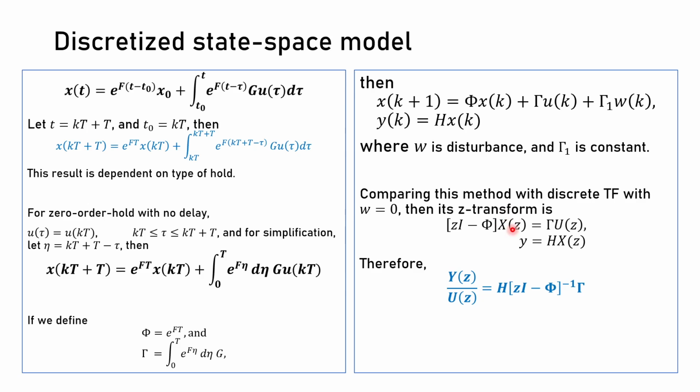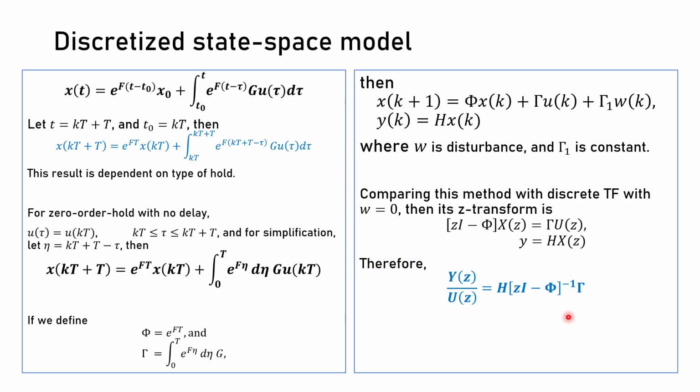Then you take H as a factor, because z is a scalar and H is a vector. When you take a vector as a factor, you must have a matrix here, because phi is a matrix. So here is z scalar times identity matrix I, and the right hand side is gamma times the z transform of u. And y equals H times H of z.